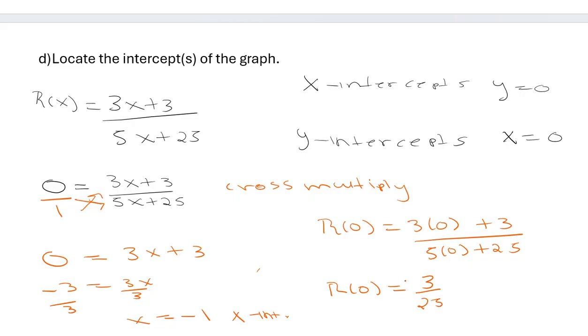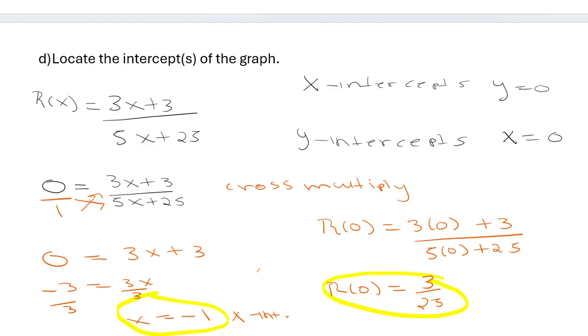So my y-intercept is 3 over 25. My x-intercept is right here, and my y-intercept is right here.